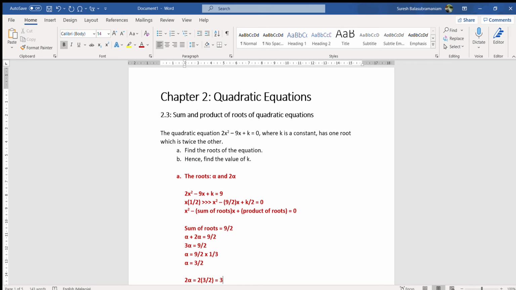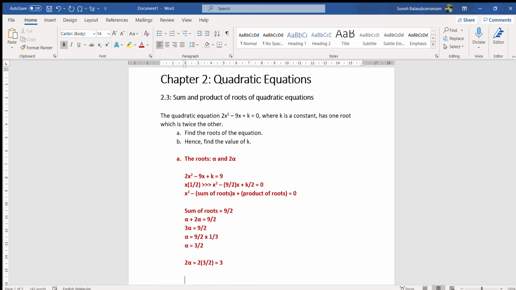So the roots are 3 over 2 and 3. So we got the values for the roots, and we answered question A.